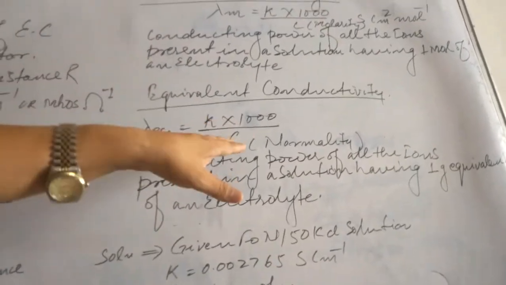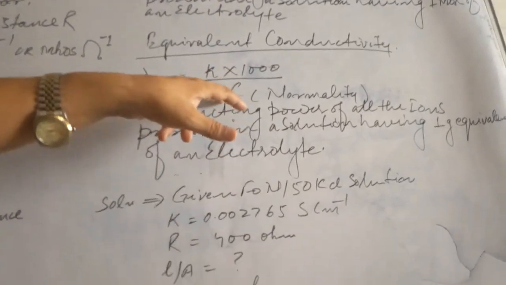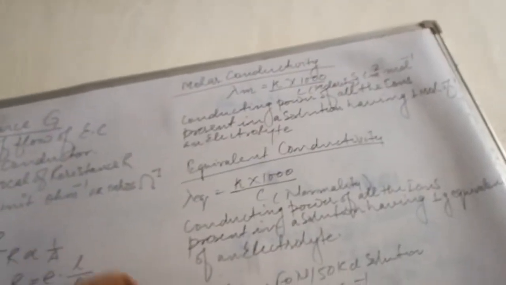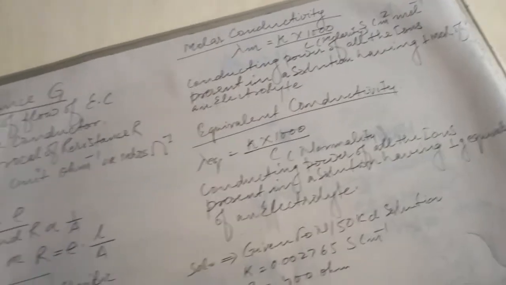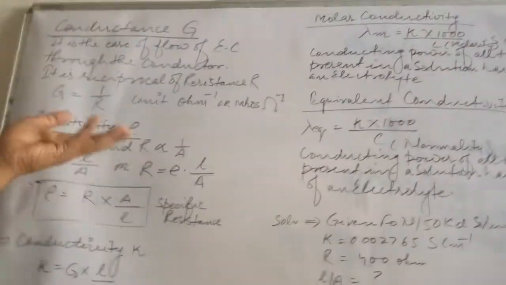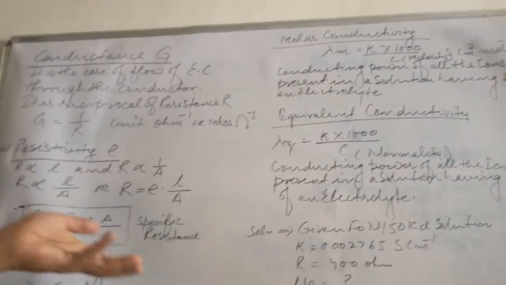Instead, in molar conductivity, molarity will be used in place of C. So children, these are the terms which are quite essential to measure the specific conductance, cell constant, resistivity, specific conductivity. Regarding this I am going to discuss one numerical.